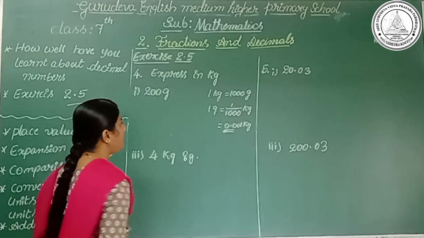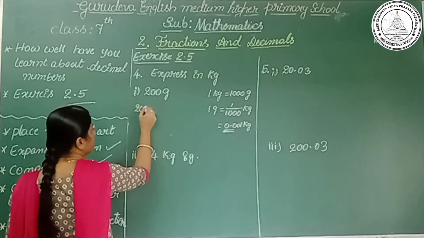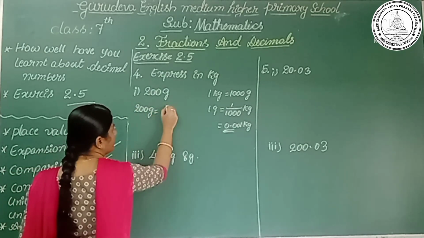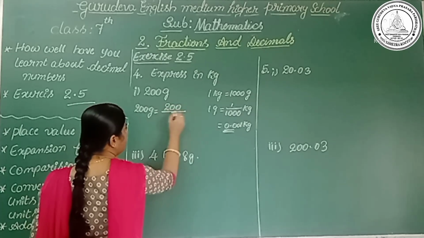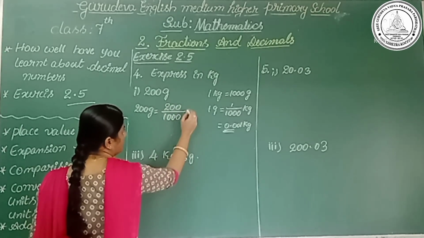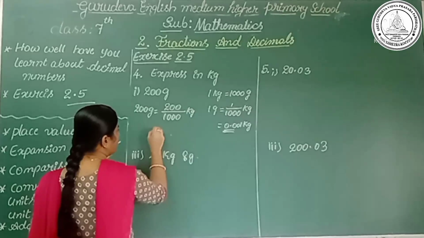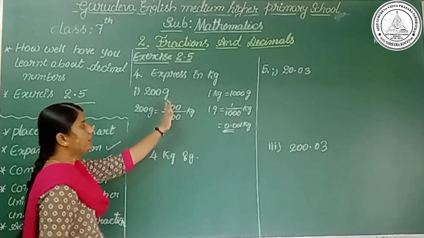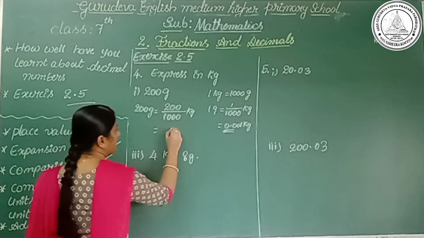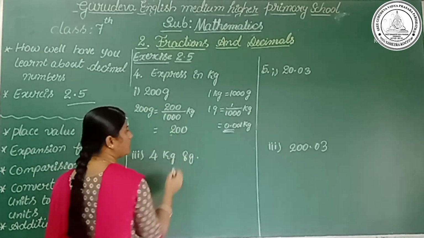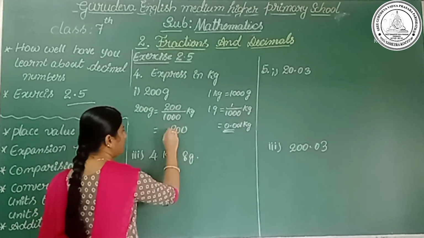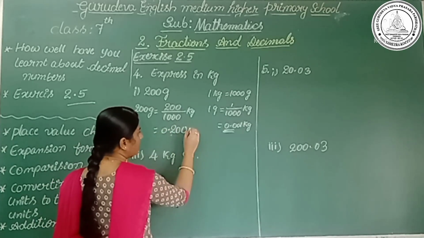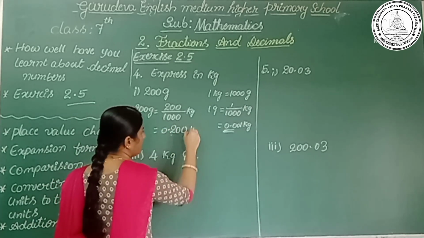Right? At the same time, do it here. 200 gram is equal to 200 divided by 1000 kg. In the denominator there are 3 zeros, so we have to keep the decimal point after 3 places. Write 200 as it is, count the places 1, 2, 3 and keep the point. That is 0.200 kg.